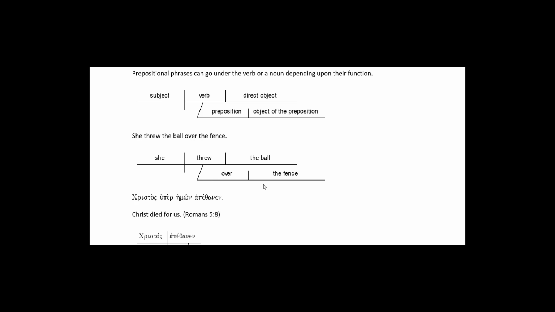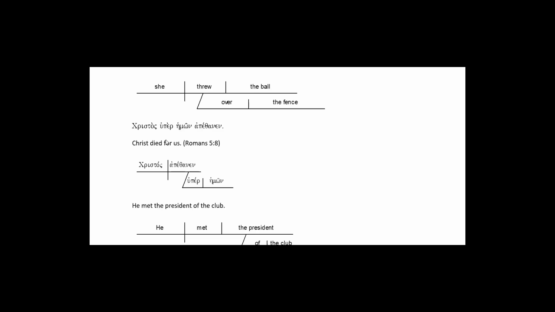So we put this phrase under the verb. She threw it where? Over the fence. Here's the preposition, and then here's the object of the preposition. This same type of line. Up here we have an object. It's a direct object. Right here we have an object that's the object of the preposition. So we're using the same type of thing. Christos huper hemon apethanen.